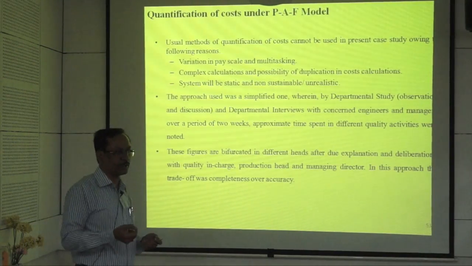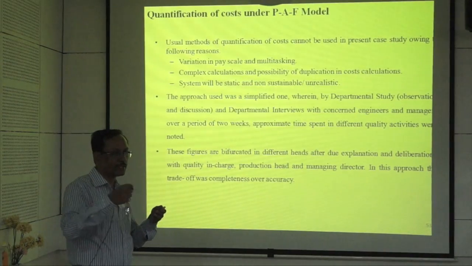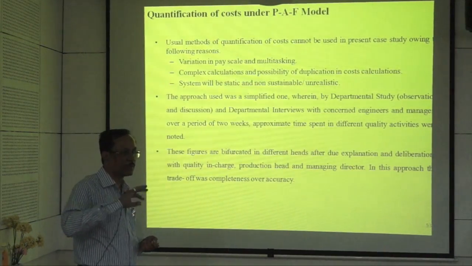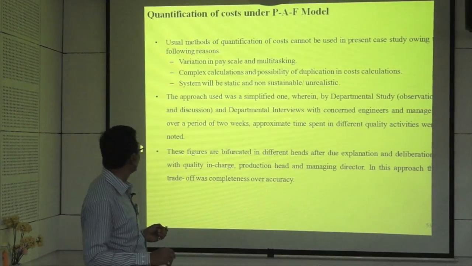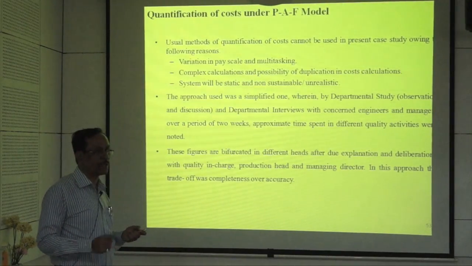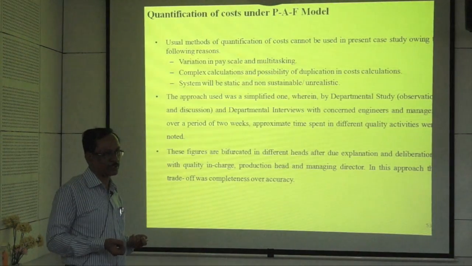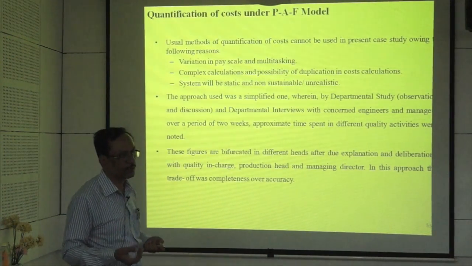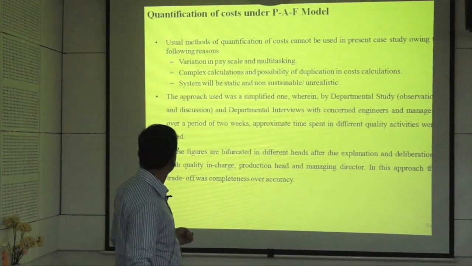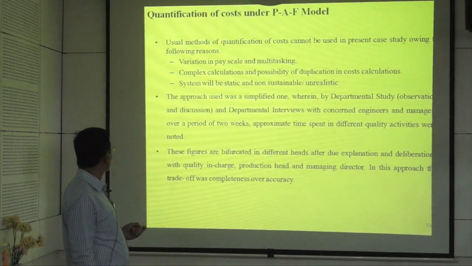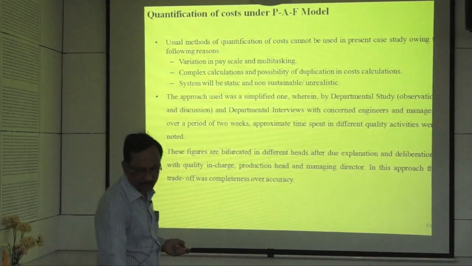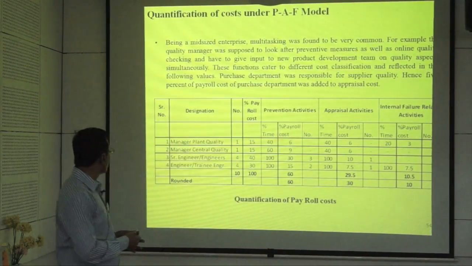If I go by that method, quantifying each event, measuring the number of events, multiplying the cost and finding out, there may be a duplication of the effort. And the system will be static because I will be taking the present payroll cost, and after 6 months the payroll cost may increase. Okay, so that cost needs to be revised. So the approach used was a simplified one, and these figures are bifurcated as per this next slide.